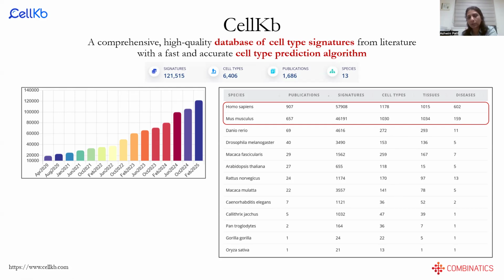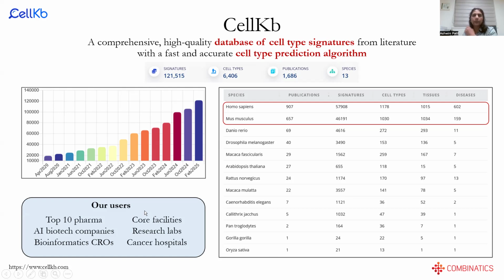So if there is a species that you are interested in and that is not here, we can add it for you. Currently, our user base consists of pharmaceutical companies, biotech companies, bioinformatics companies, a lot of university and research institution cores, individual research labs, and cancer hospitals who use CellKb for annotating single cell and spatial RNA-seq data, and also bulk RNA-seq data actually.